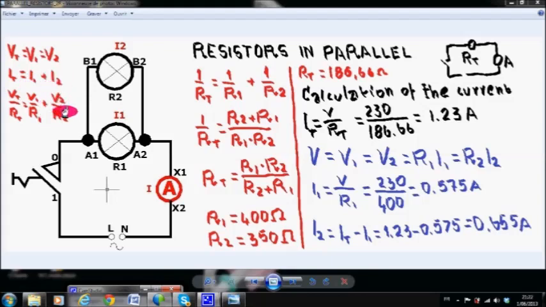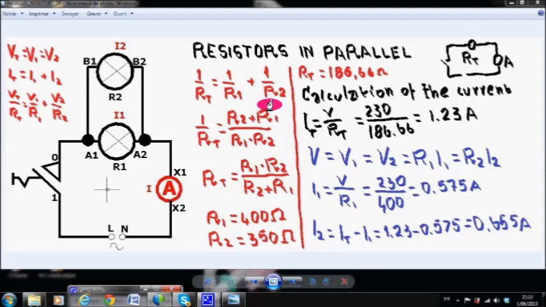Okay, this relation is very important. We can cancel V, as we've seen before that the potential at the power supply is the same here, and it's the same also here. So we can cancel V, and then we have 1 over RT equals 1 over R1 plus 1 over R2.